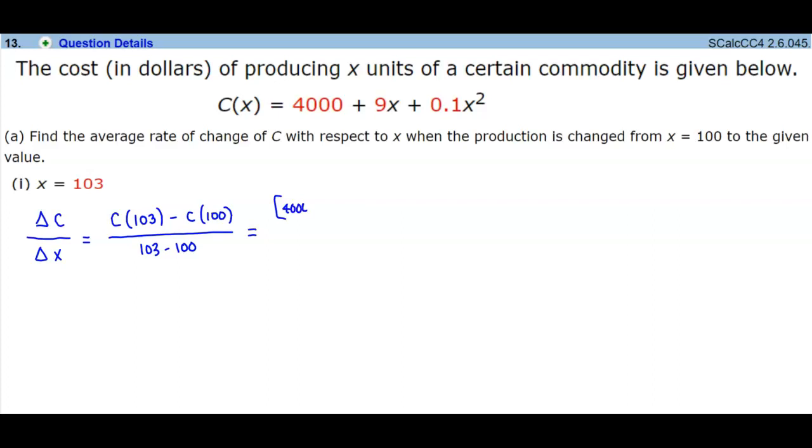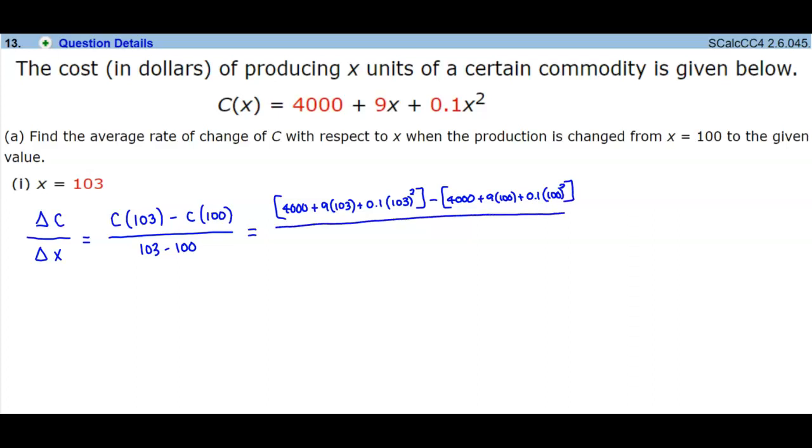So we have 4,000 plus 9 times 103 plus 0.1 times 103 squared, minus, now the input is 100, so that's 4,000 plus 9 times 100 plus 0.1 times 100 squared.